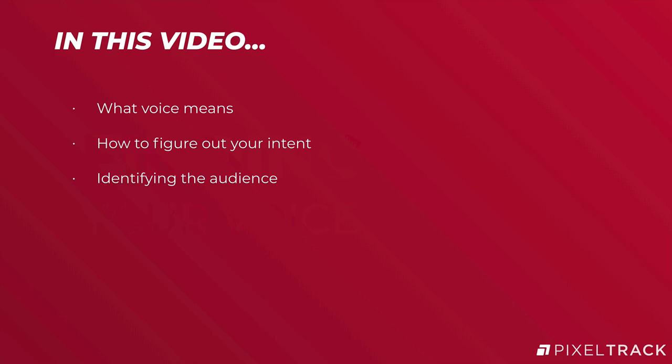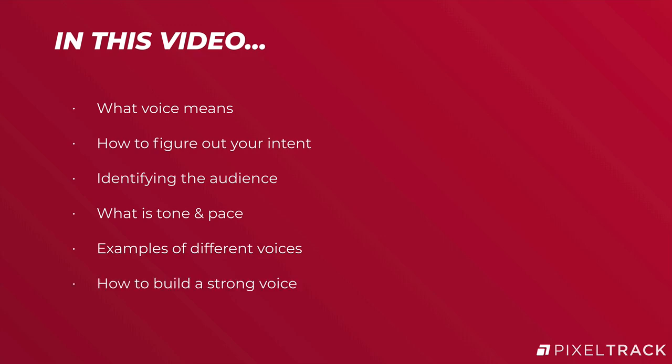We have done this already, and we'll now be seeing how we're going to use all of that information to find your voice, and what the tone and pace of your voice is, and also examples of different voices from different sources, so that it gives you an idea as to what the different ways you can create a voice are, and also how to build a strong voice over a period of time. So these are all the things that you'll be learning. I'm pretty sure you guys are excited to know what all this is about. So let's get started with the video and figure out what your voice is.